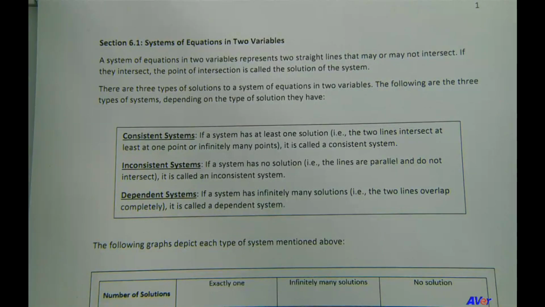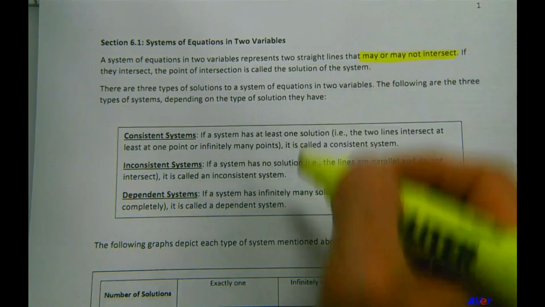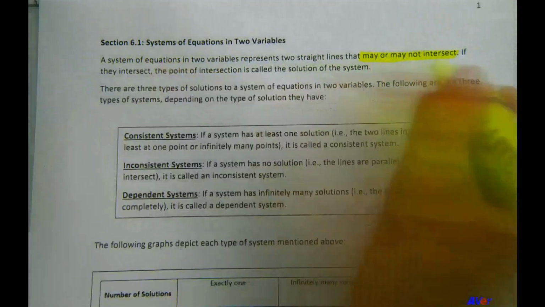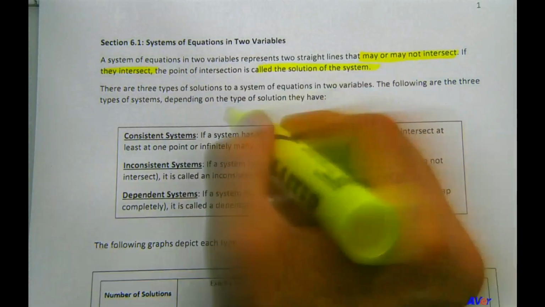So as we said, systems of linear equations in two variables may or may not intersect. If they intersect, then the point of intersection is called the solution of the system.